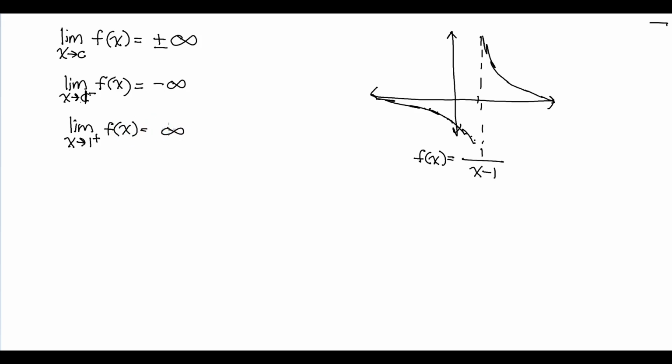And we can use the notion of infinite limits to help find vertical asymptotes, a word I have used before. A vertical asymptote is a special line. If f of x approaches either positive or negative infinity as x approaches some value, either from the right or the left, that means there is a vertical asymptote there.